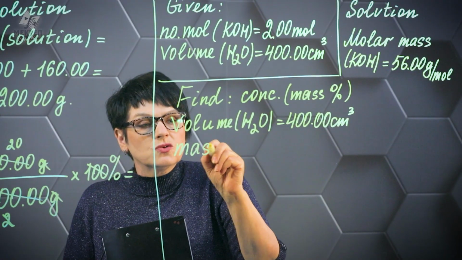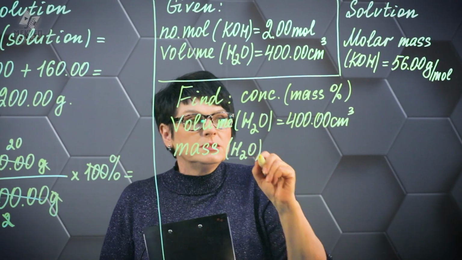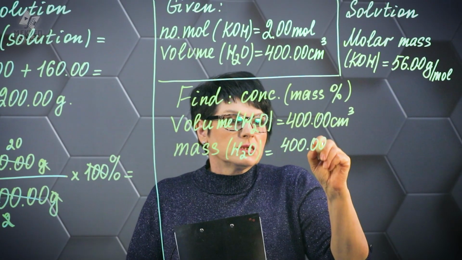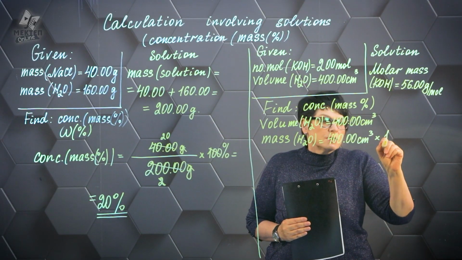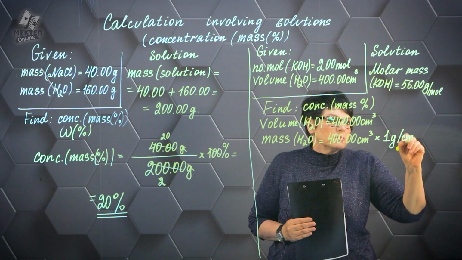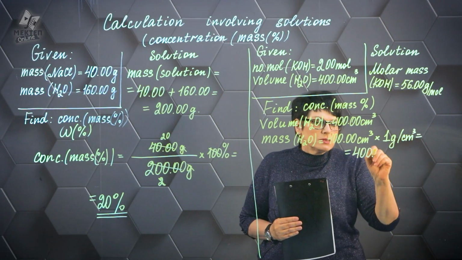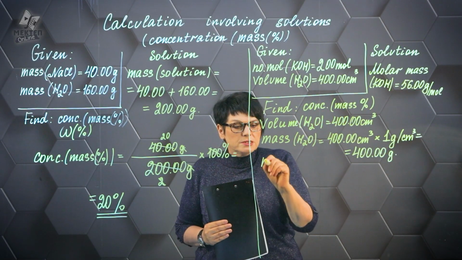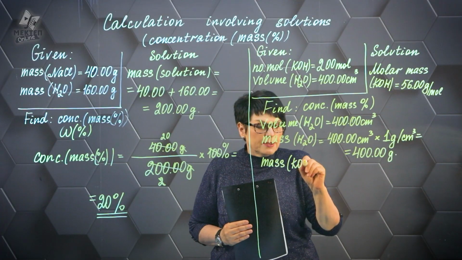We'll use the fact that we know the density of water, and it's equal to 1, so it's 400 centimeters cubed multiplied by the density of water, which is equal to 1 gram divided by 1 centimeter cubed. Therefore, the mass of the water will be 400 grams.